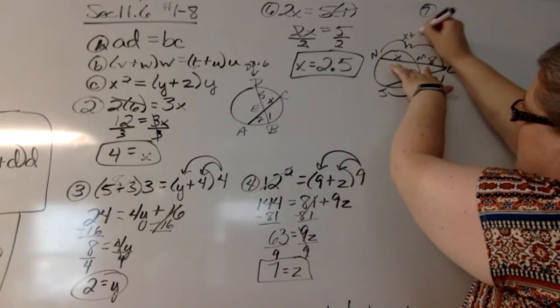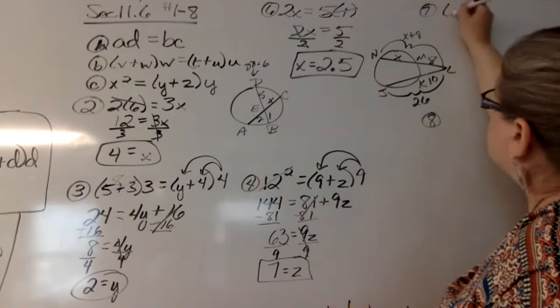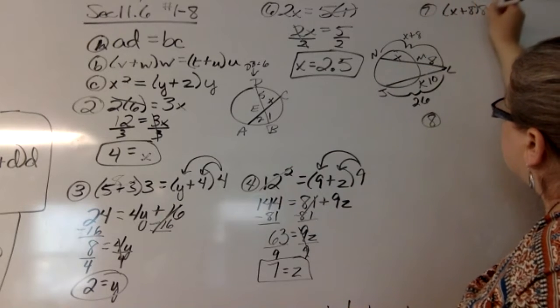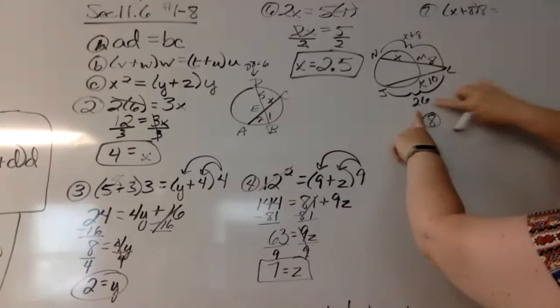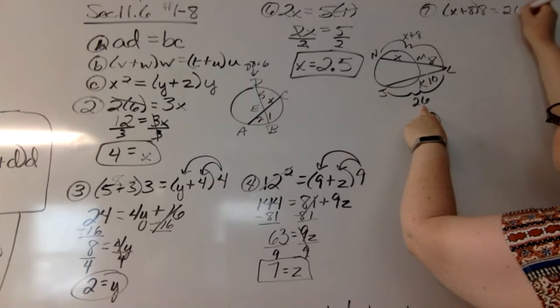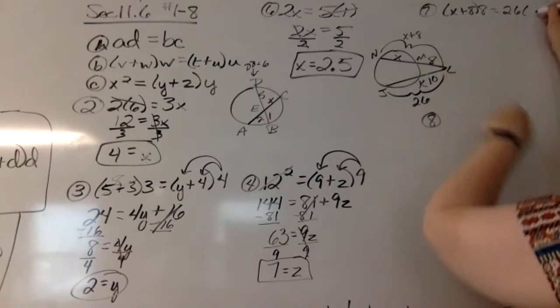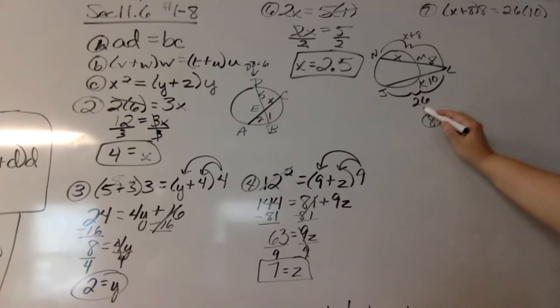The two parts added together. So I have x plus 8 times 8 for my top secant. On the bottom secant, I have the sum of the whole thing, which they gave to me as 26, times the piece on the outside, 10. So they had already given you the total, so we didn't have to add it together on the bottom secant.